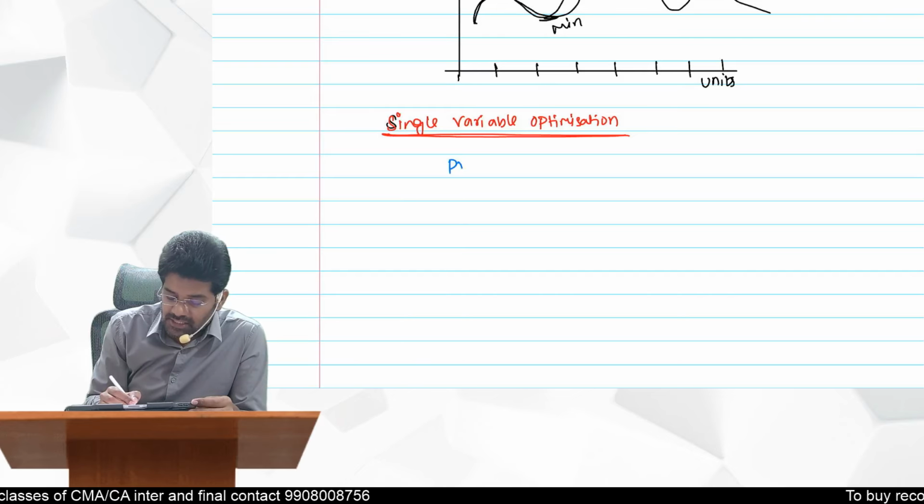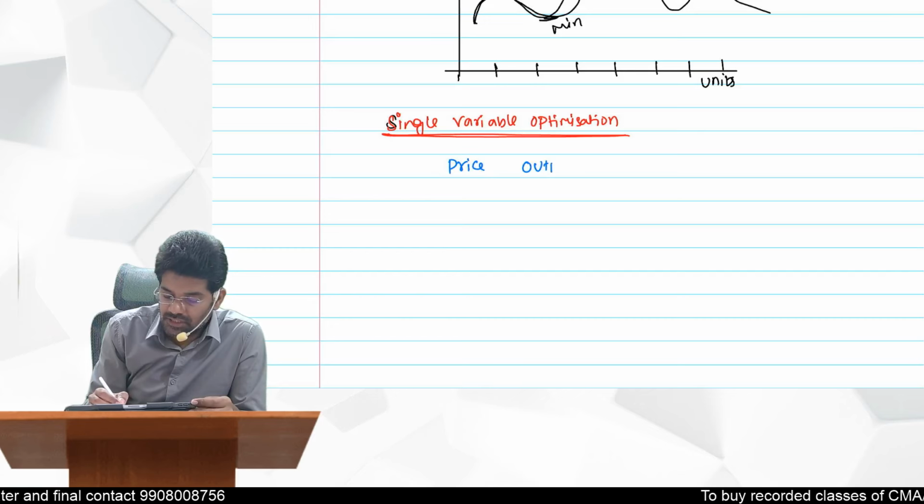Say price and output. These are the two variables.